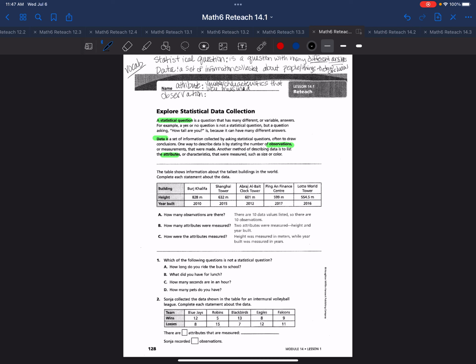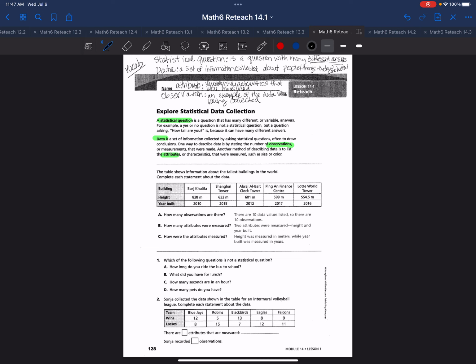An observation is an example of the data values being collected. These will make sense as we go along with these examples.